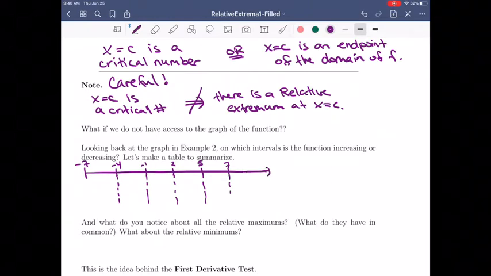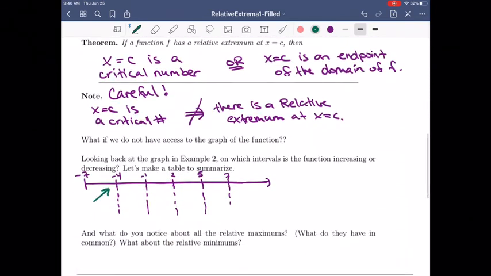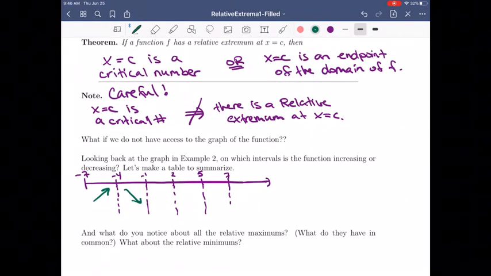Now in each interval, from -7 to -4 our graph was increasing, and then it decreases until -1, and then it decreases again until 2, and then it increases, then decreases, and then increases again.